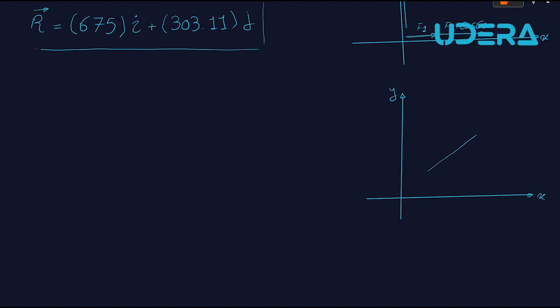So this is R, and this R has certain coordinates on both x and y axis. So this is Ry and this is Rx.